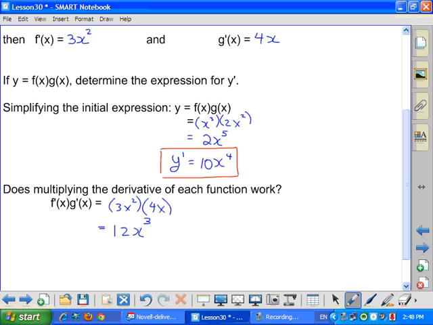So the conclusion we can make here is that multiplying the derivative of f with the derivative of g is not equal to the derivative of f and g when they're being multiplied together. All right, so that tells us what it's not.